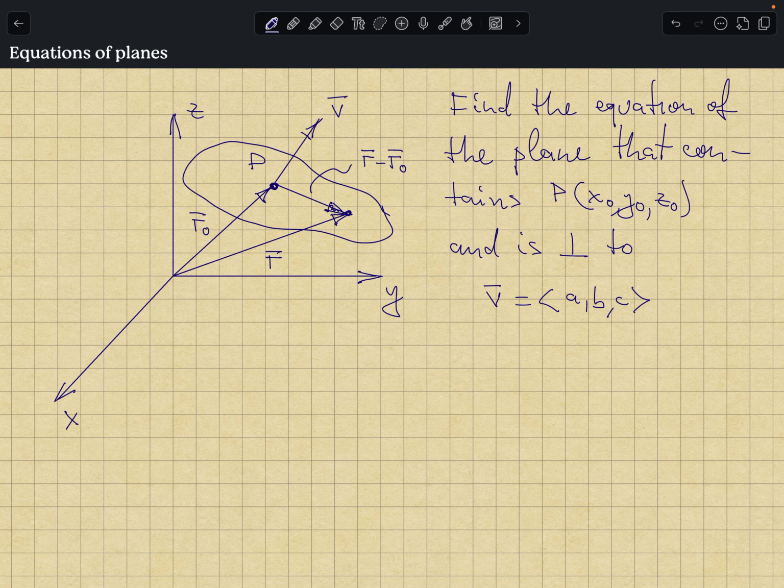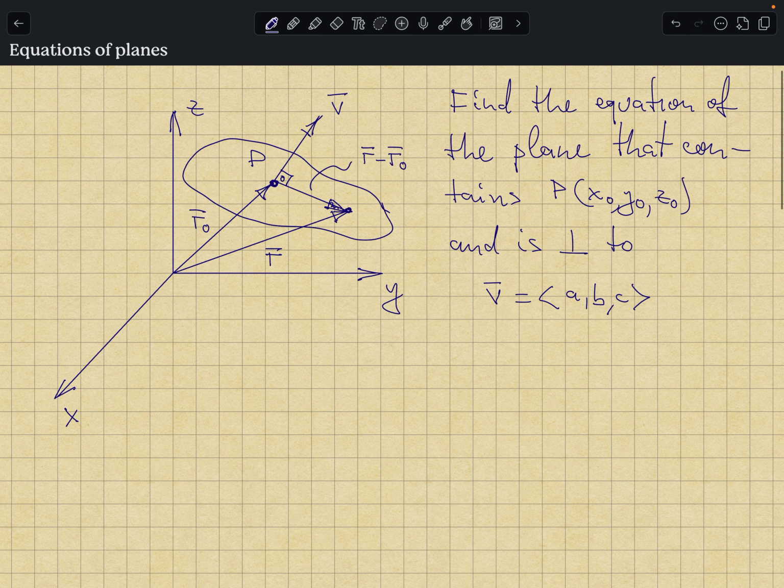Because R0 plus this vector will give me R. And then R minus R0 should lie in the plane that I'm looking for, and the plane is perpendicular to the vector V, so in particular any vector that lies within that plane is also perpendicular to V, so this angle should be 90 degrees.